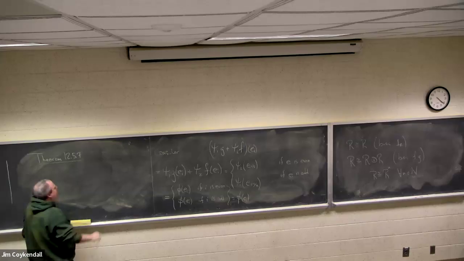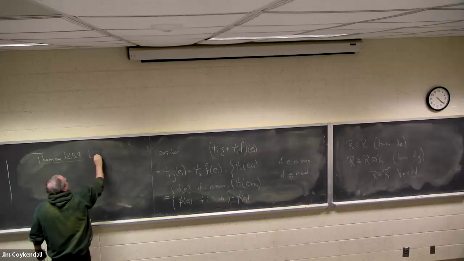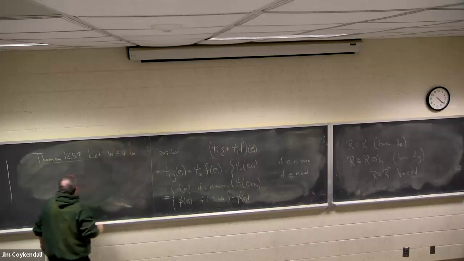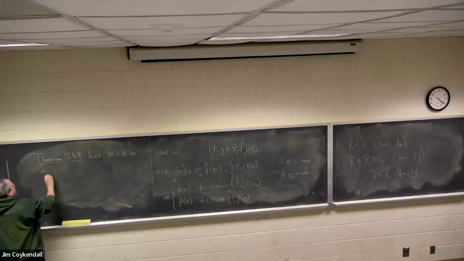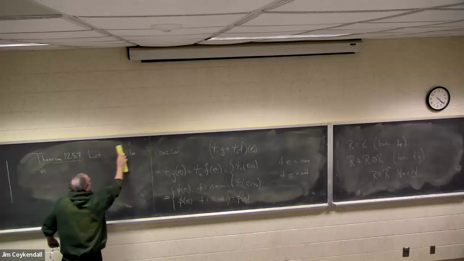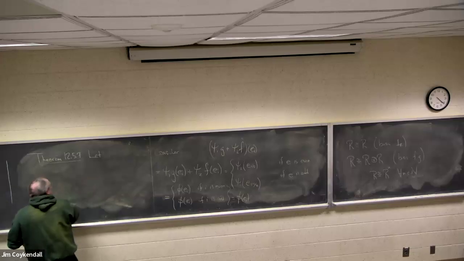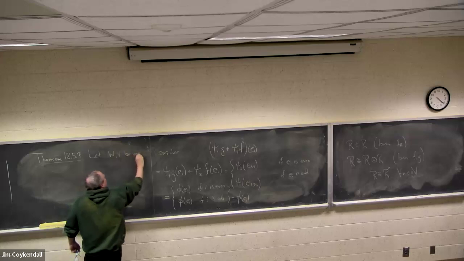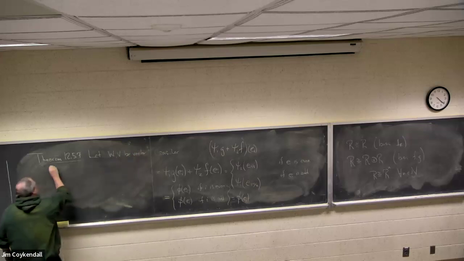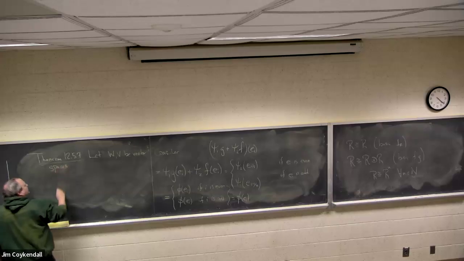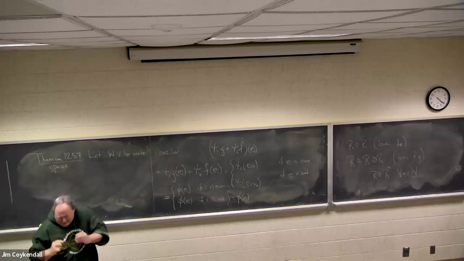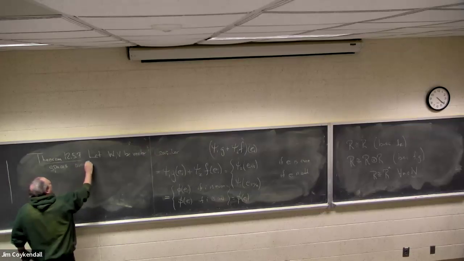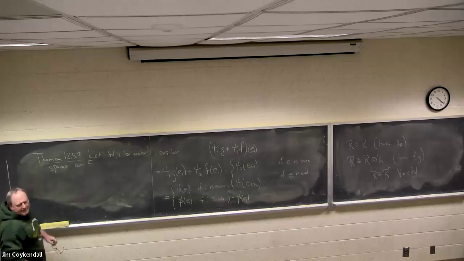Let V and W be vector spaces over a division ring D. You can do a field F if you like.